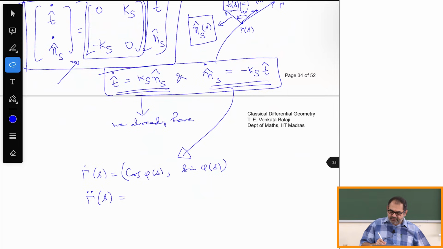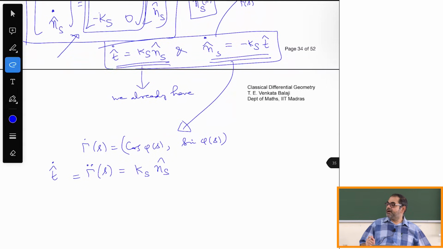And what you get is, you do d by ds. Then, of course, you will get Ks into Ns hat. Mind you, this is T cap dot. All right. Now, but what is Ns hat? The point is this Ns hat is the unit vector, I mean this gamma dot turned by 90 degrees in the anticlockwise sense.